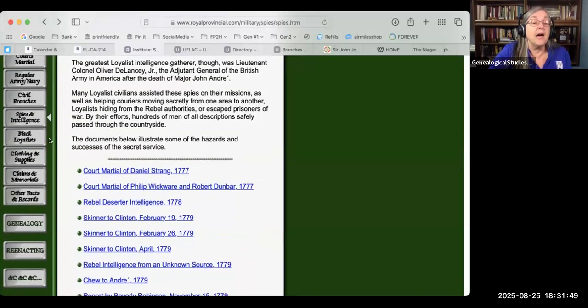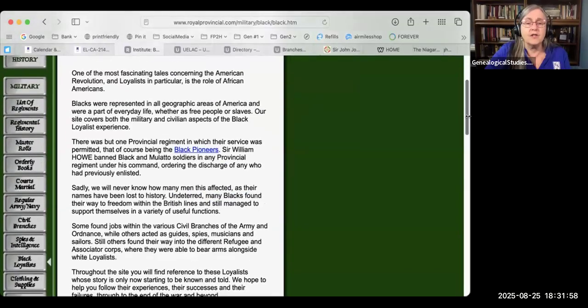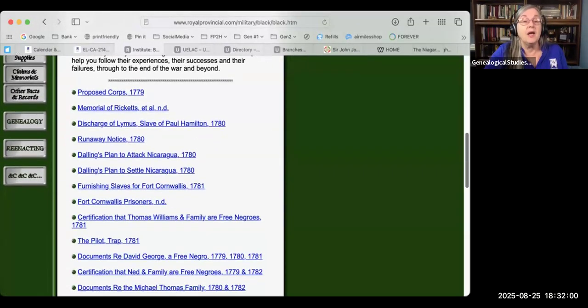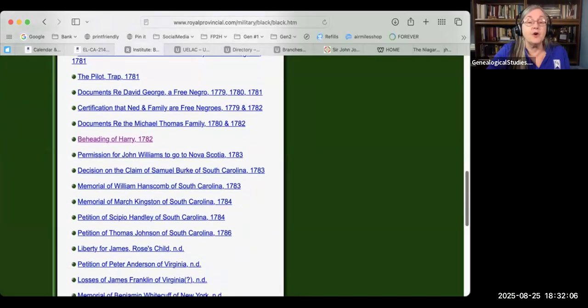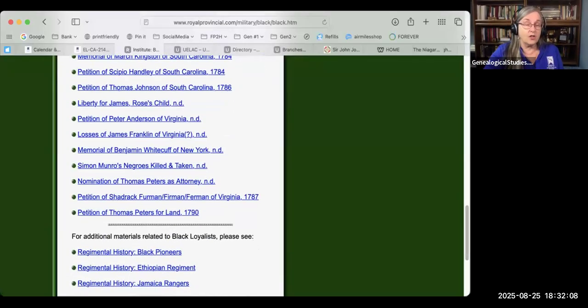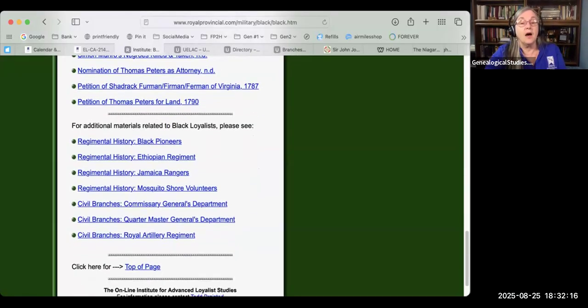Black loyalists settled all over, but a lot of them went to Birchtown in Nova Scotia, where they have a museum, and they're trying to gather all the stories of Black loyalists. And some of those, if you know the story, if you've watched Book of Negroes, all of their names were put in that book to make sure that they could be evacuated and get land.